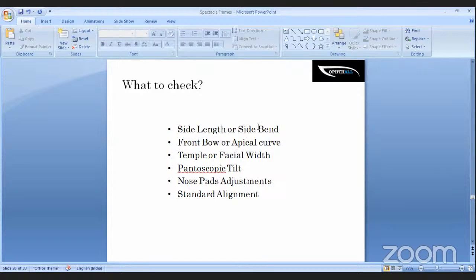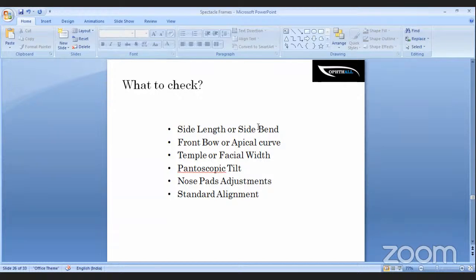Now, while checking the fitting of the spectacle frame on the wearer, there are certain parameters which you must make sure are properly fitted. First is side length or side bend. Then we have frontal bow or face form wrap, which we also call the panoramic angle. Then temple width or facial width.